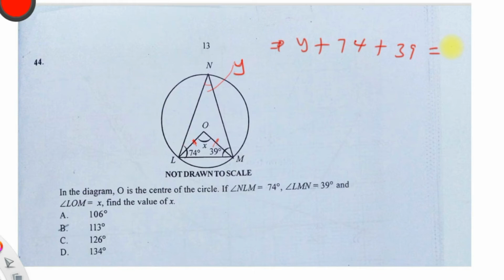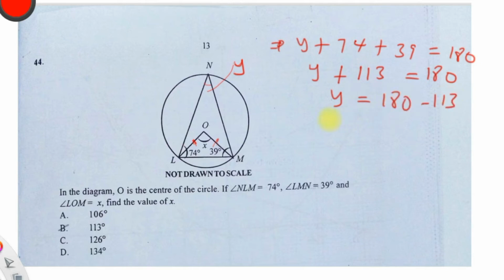So y plus 113 is equal to 180 degrees. So y is equal to 180 minus 113. It implies that y is equal to 67 degrees.